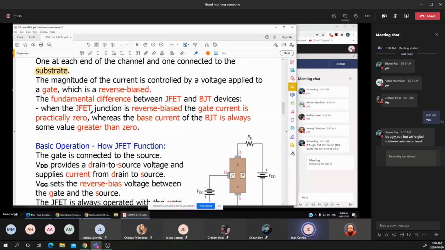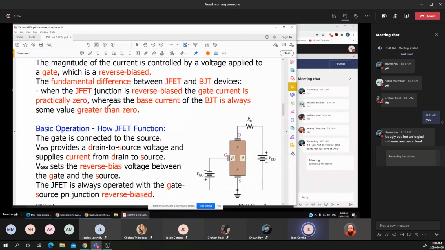The JFET junction is reverse biased. The gate current is practically zero. That means the depletion region is wide enough that it will block the current that flows between the gate, the drain and the source. In the same way, for the base current, the BJT always requires some value greater than zero.